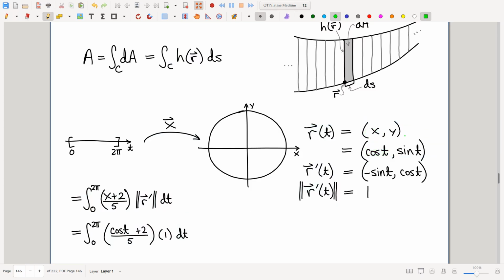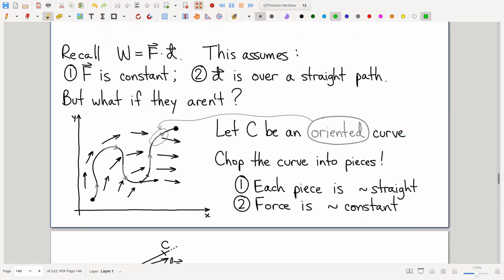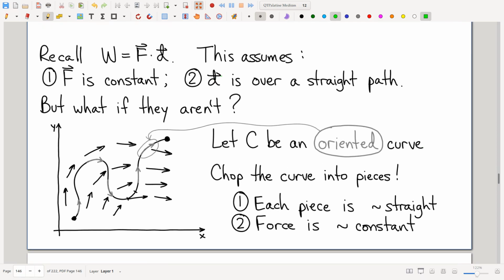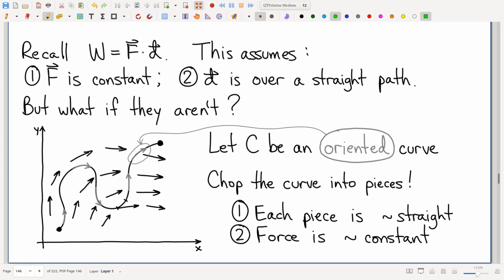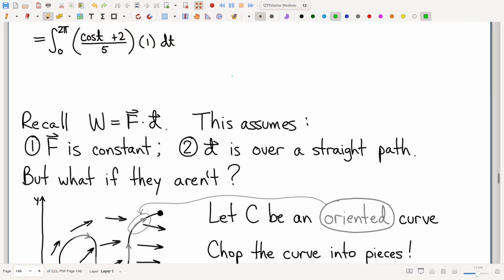Okay, so moving along. This next example is going to work out a little bit differently. I want to remind you of this old formula right here. This formula tells me we can compute work as force dot displacement.